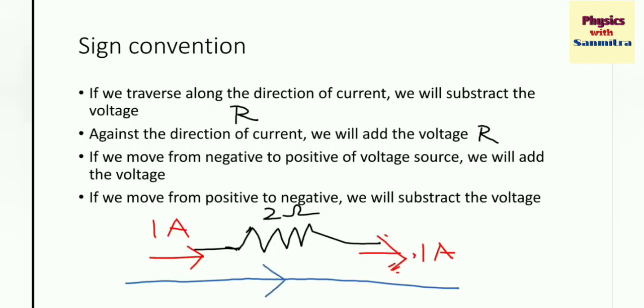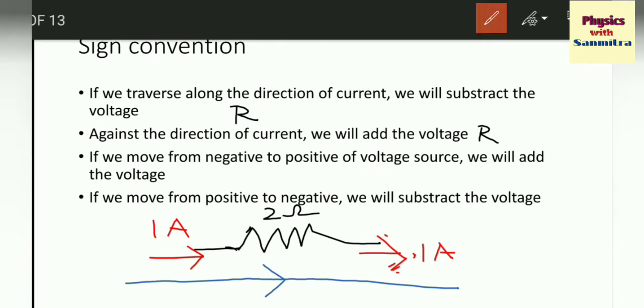Now, current flows from higher voltage to lower voltage, I mean high potential to low potential. So let me assume this point as P, and this point as Q. So definitely Vp must be greater than Vq. That is only why current is flowing.